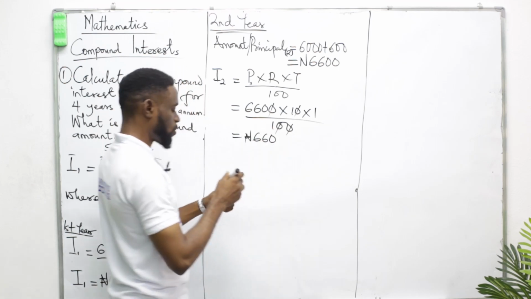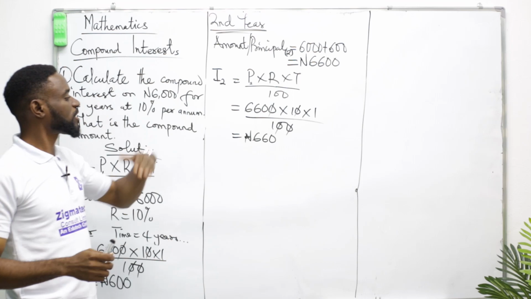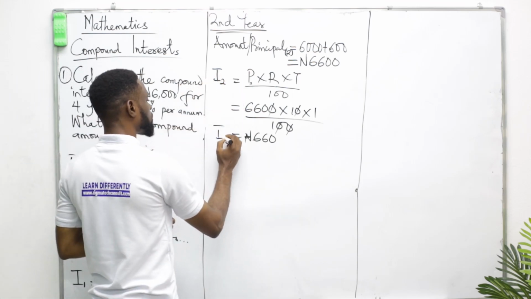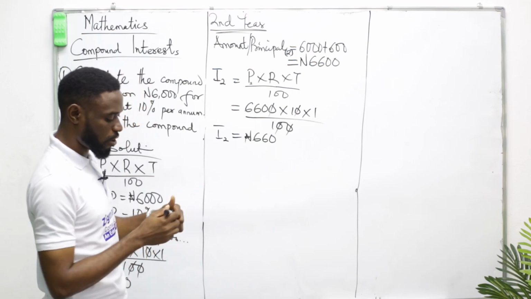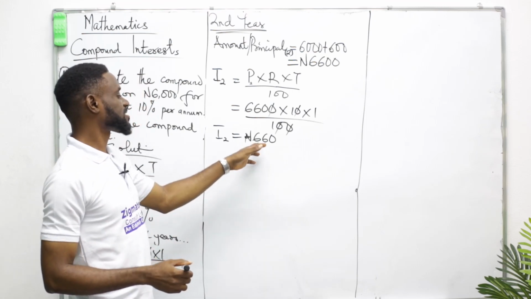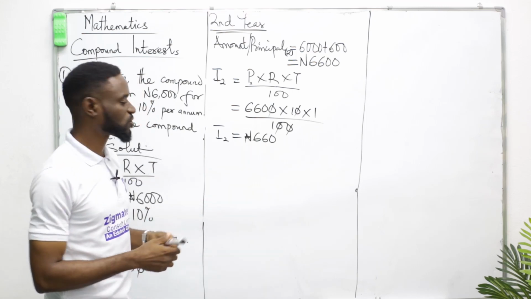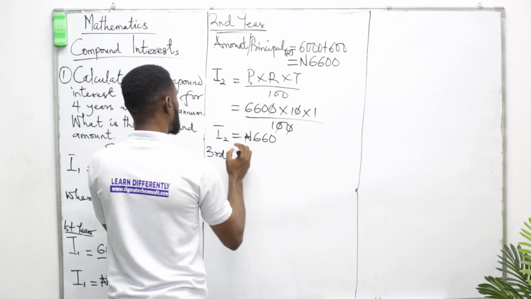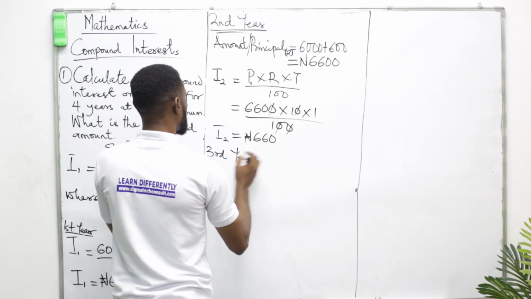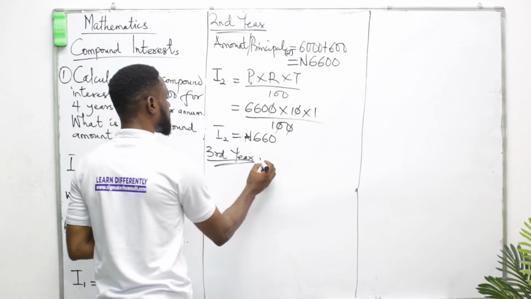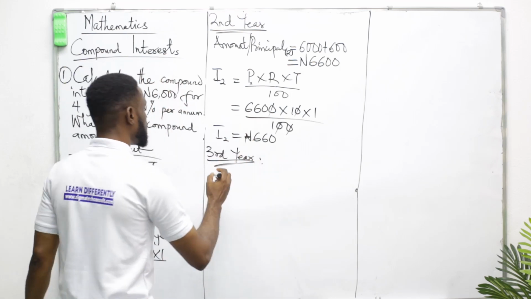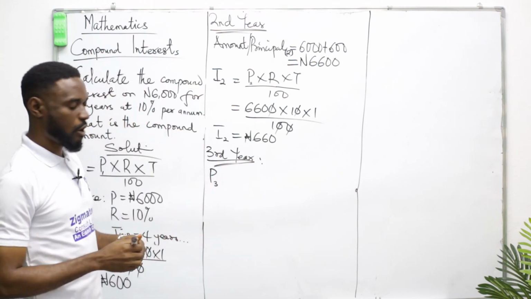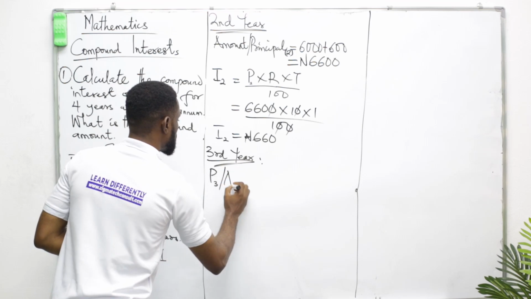So at the end of the second year, the interest of the second year is 660 naira. So we are done with that. Then the third year, which is the principal 3 or amount 3.